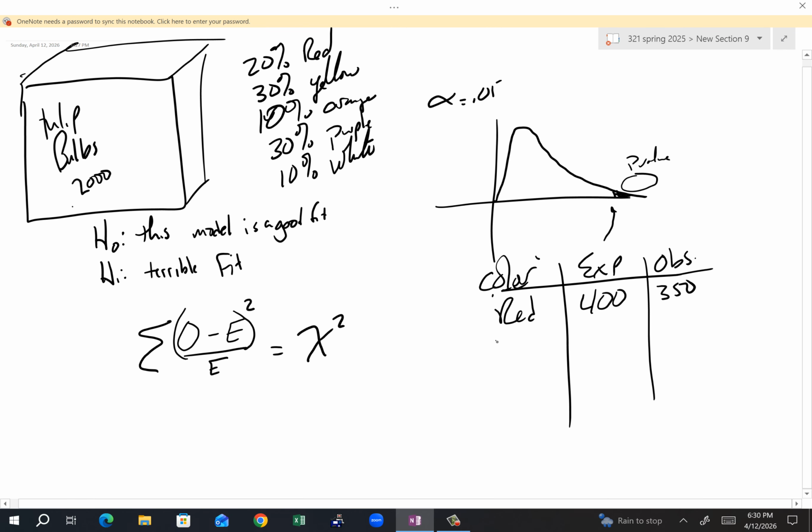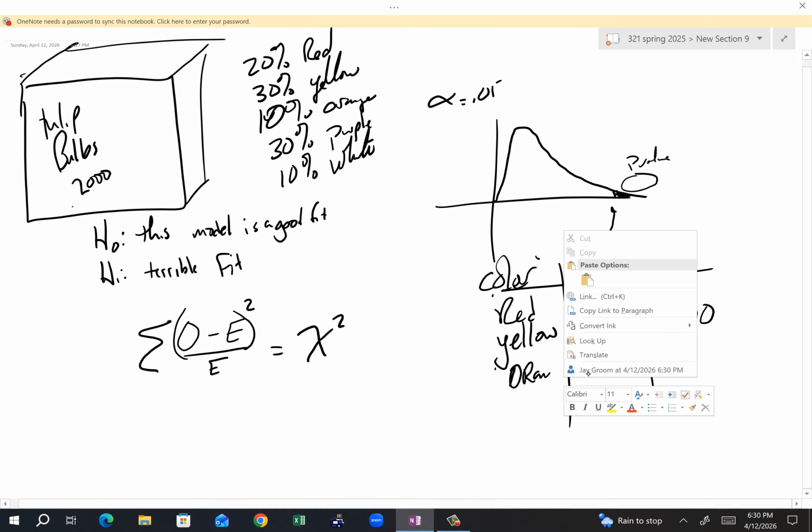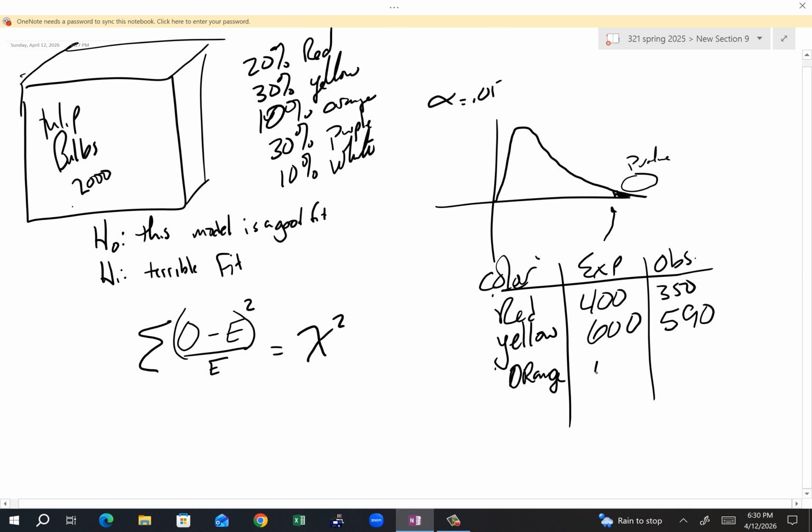Is that bad or good? It's different. Are you probably going to get exactly 400? Probably not. Now, 30% of 2,000 is 600. I counted and I got 590. Okay, cool. 10% is supposed to be orange, so that is 100. Well, I got 140.